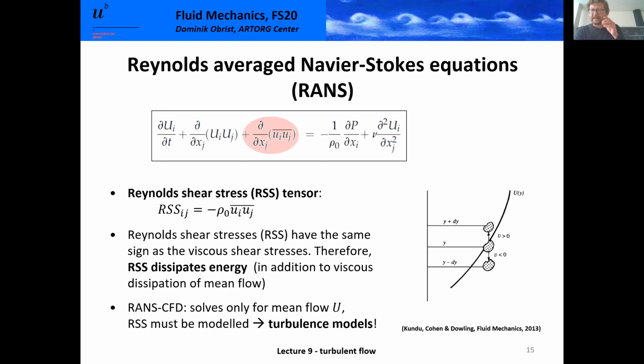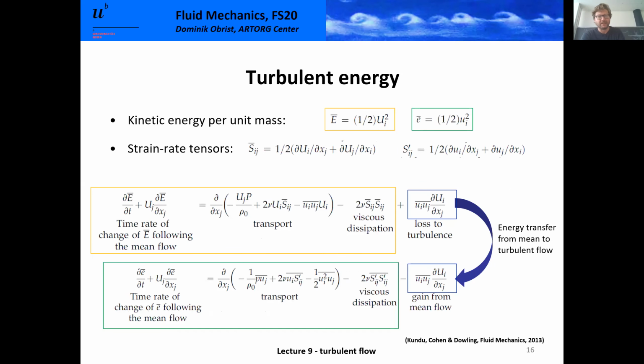There's a more mathematical way to understand that, and it now becomes a bit ugly on the slide, but let me just give you the idea of what has been done. You can define an energy, something like a kinetic energy, for the mean flow. So it's 1/2 capital U squared summed over all velocity directions.